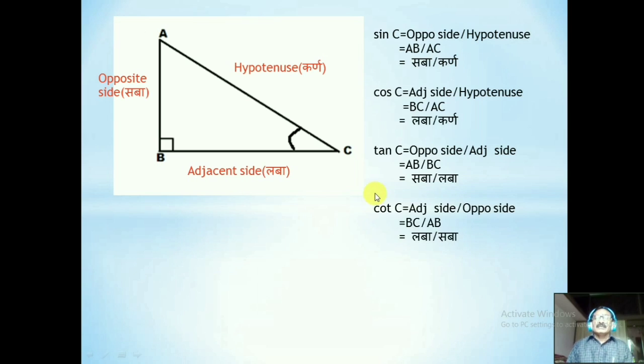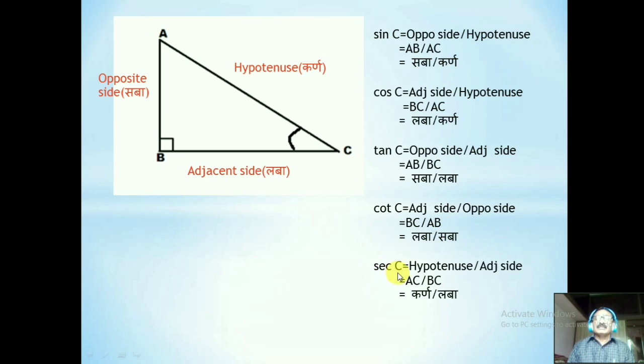Then cot C. Cot C is inverse of tan C. Therefore, cot C is equal to adjacent side upon opposite side, means BC upon AB, means laba chhed saba.